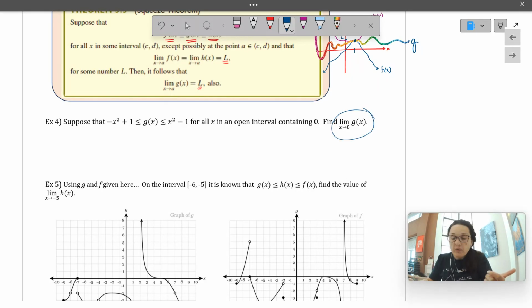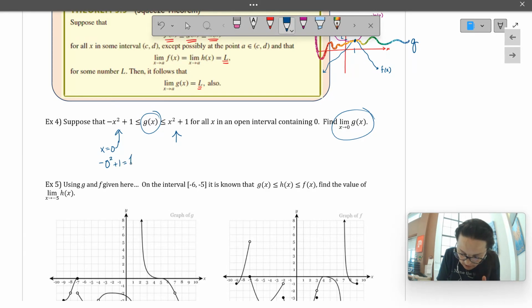Well, normally if I want to find a limit, I plug 0 into g, but I don't know anything about g. What I do know is that g is always between these two expressions. So instead of plugging 0 into g, I can plug 0 into those two expressions and say g's got to stay between that. If we plug in 0 into here, I get negative 0 squared plus 1, which is 1.